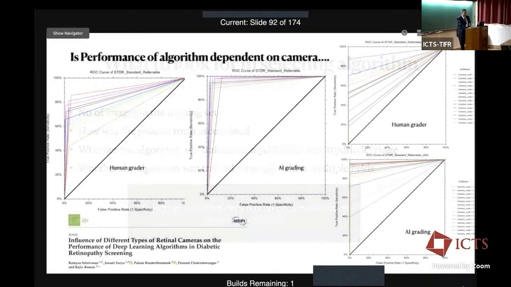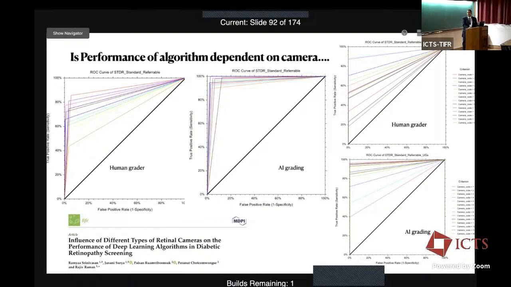We also tried looking at, is it camera dependent? This was a work which we had done in Thailand. In Thailand, diabetic retinopathy screening is a part of their national health targets, and they have nearly 600 cameras across the country. We tried using the ARDA, the Google AI, and tried looking at whether there is an influence of camera.